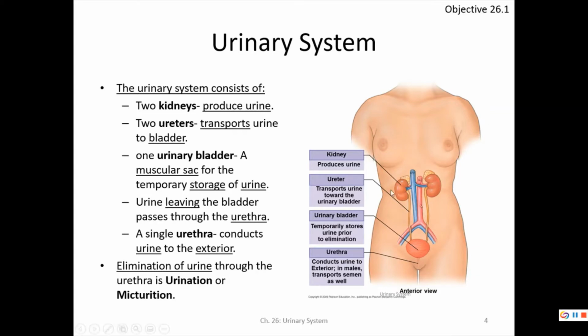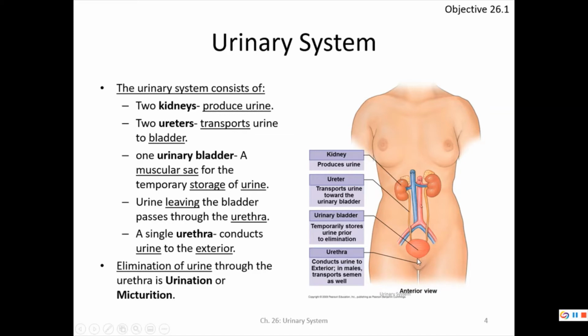Which makes urine being produced by the two kidneys. Then the ureters, the tubes attached to those kidneys, go down and transport urine to a urinary bladder, which is this hollow muscular sac that stores it temporarily, and then it will squeeze down to release that urine. And then urine leaves the bladder out a urethra.